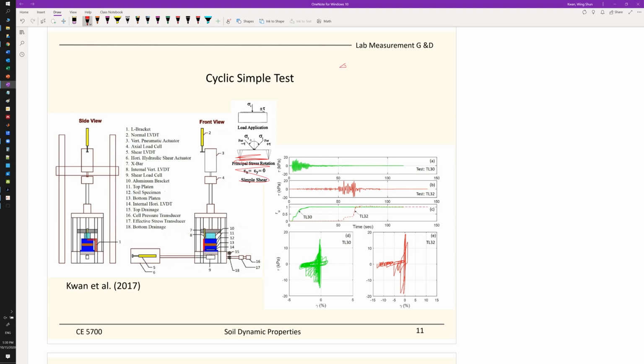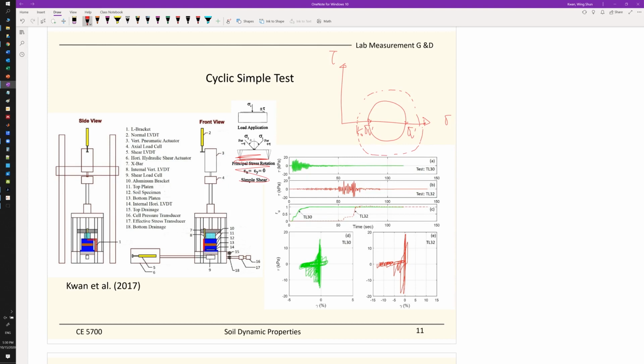In terms of the Mohr circle space, this is the Mohr circle before the earthquake happens. This will be sigma 1, or the vertical stress, and this is at K naught consolidation. Sigma 3 will be equal to K naught times the vertical effective stress. When the earthquake happens, the simple shear test in the Mohr circle space just increases your Mohr circle.